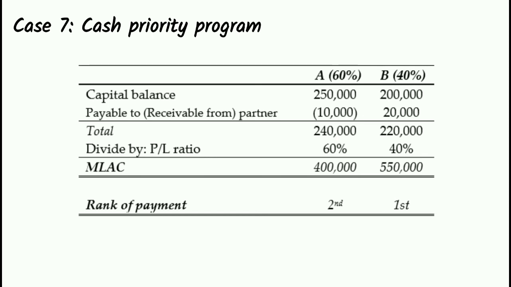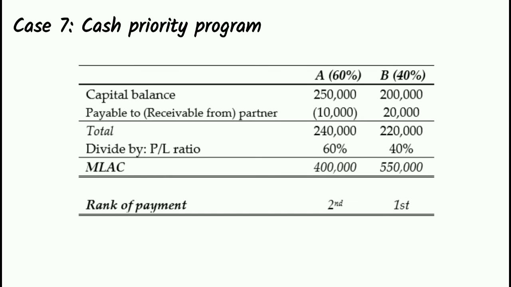Yung receivable from A na 10,000 pesos, that is deducted from the capital of A. At yung payable to B na 20,000 pesos, that will be added to the capital of B. 250,000 pesos minus 10,000 pesos is equal to 240,000 pesos. 200,000 pesos plus 20,000 pesos is equal to 220,000 pesos.